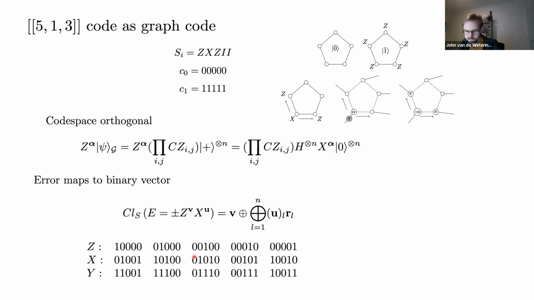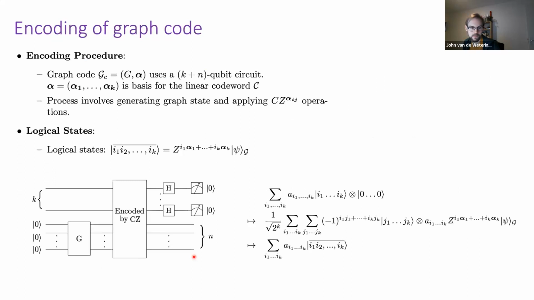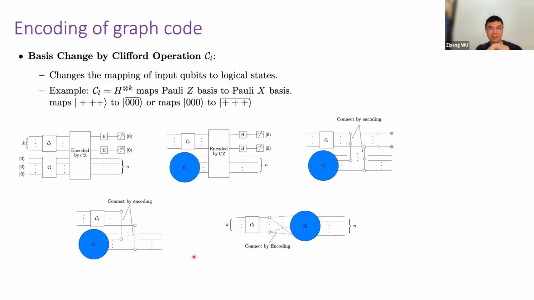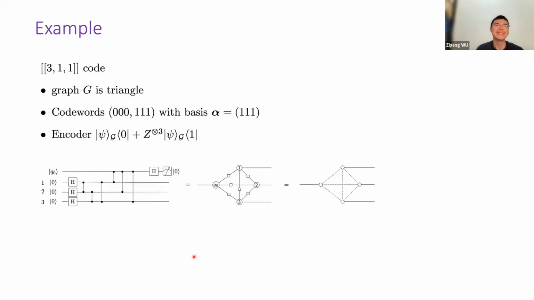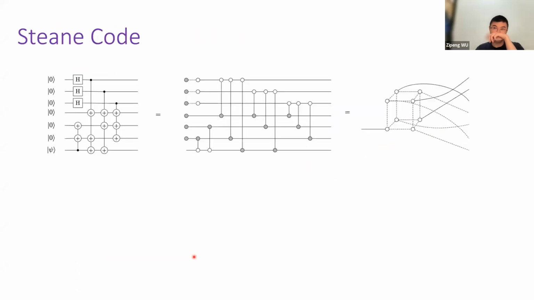I know that for CSS codes, they have a transversal Hadamard if and only if they are self-dual. Is there an equally nice characterization of when a graph code has a transversal Hadamard? I'm still looking into that. I just haven't figured it out. As you can see over here, the Steane code is a graph code, right?